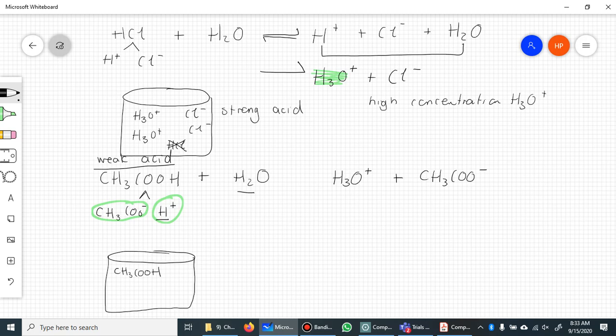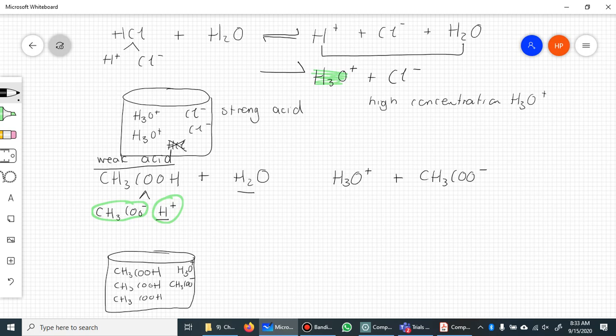You'd see a lot of CH3COOH molecules, and then you would see a couple of hydroniums, and a couple of CH3COO minus ions. Why? What does this acid not want to do? It doesn't want to break up. Weak acids don't want to break up, so you'll see a lot of the original acid and you won't see a lot of this stuff.